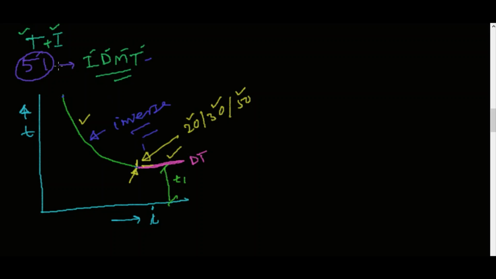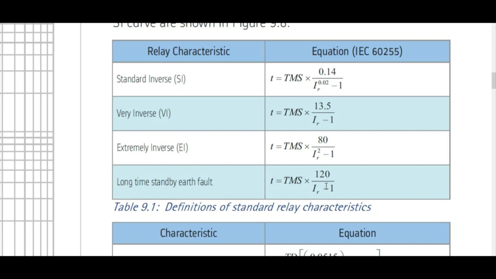More specifically, let's check with the help of IEC. This is as per IEC 60255. As per IEC 60255, there are different types of inverse, IDMT characteristics.